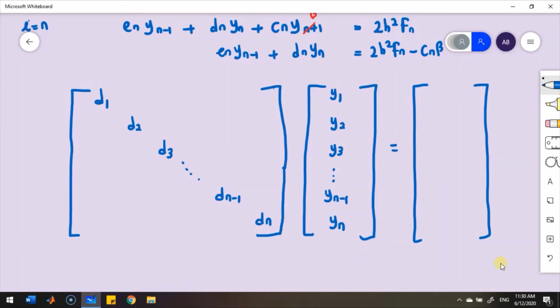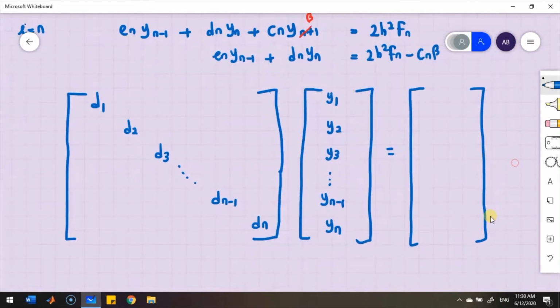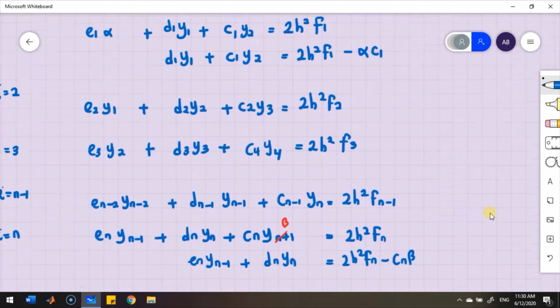And this is my function, where we start with 2h squared. So let me see.